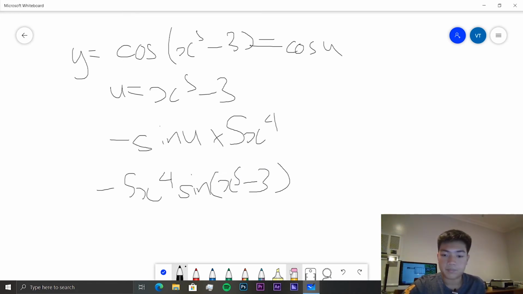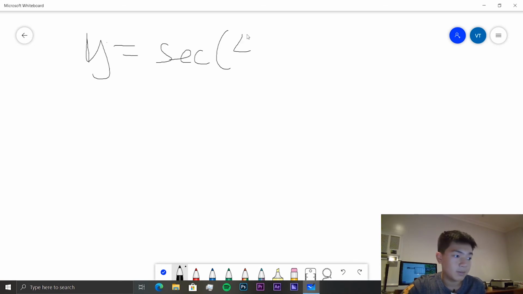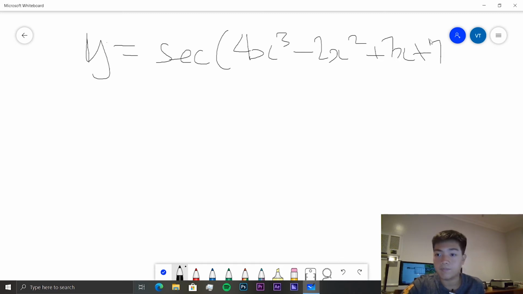Next question. We have y equals secant of 4x cubed minus 2x squared plus 7x plus 17. So for the derivative, again, label u as this inside. First let's get the derivative of the secant function, which, if you remember, is secant x tan x.